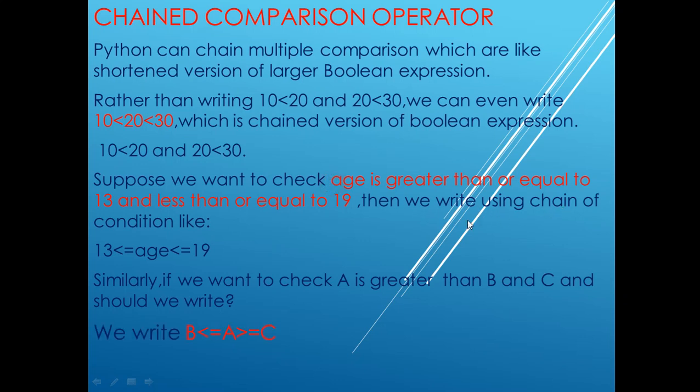We write the chained condition as 13 less than or equal to age less than or equal to 19. It means age is greater than or equal to 13 and age is less than or equal to 19. This expression is now written with chained expressions.